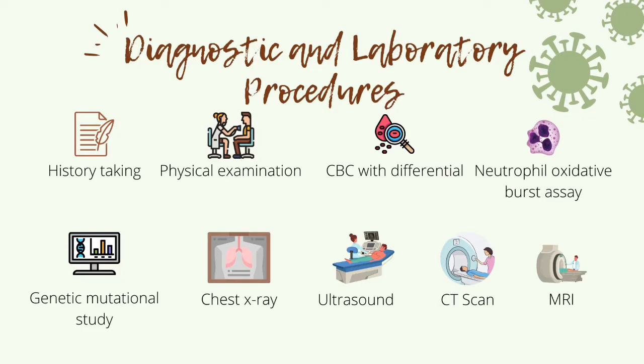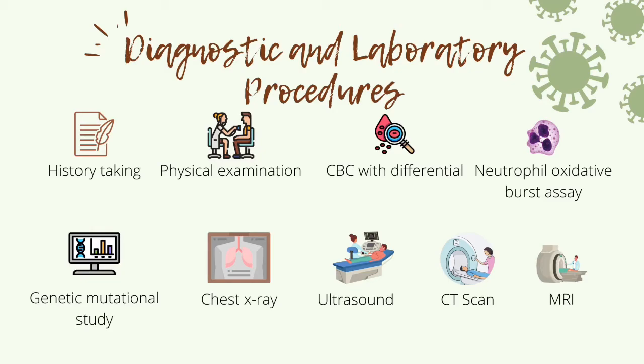Next, we need to have a CBC with differential count, neutrophil oxidative burst assay, genetic mutational study, a chest X-ray if lung findings are suspected, ultrasound for organ abscesses, and CT scan of the abdomen to examine organ size or lymphadenopathy.